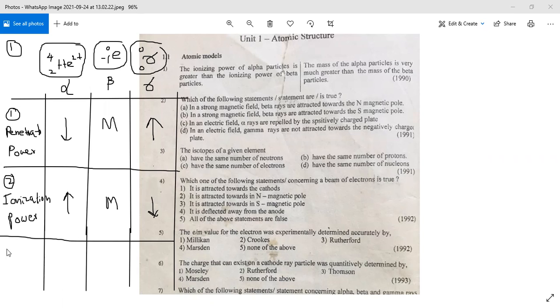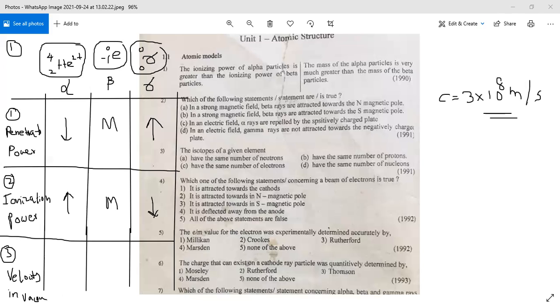Last but not least, the thing you should know is velocity. Velocity in vacuum. That's the point we should know. First let's go to gamma, because gamma is an electromagnetic radiation. Electromagnetic radiation shows 3 into 10 to the power of 8 meters per second velocity in vacuum.